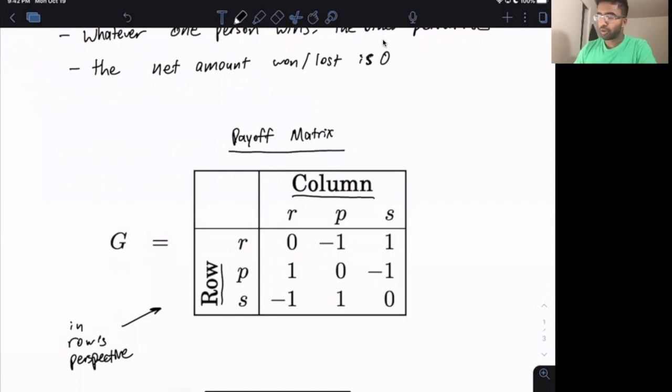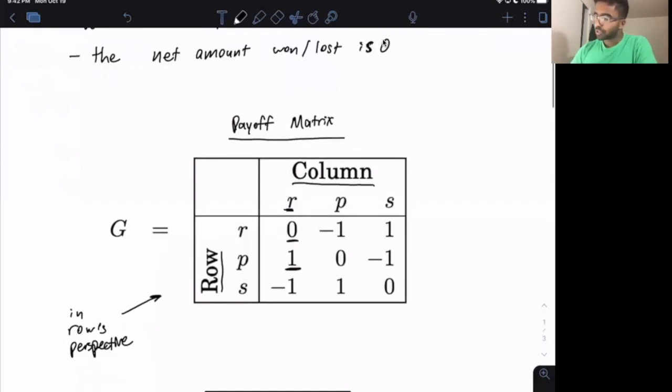If the row player plays a rock and the column player also plays a rock, the winnings is 0. It's just a tie. But if the row player plays paper and column plays rock, then the row is going to win. We arbitrarily gave a winning score of 1 and a losing score of -1.